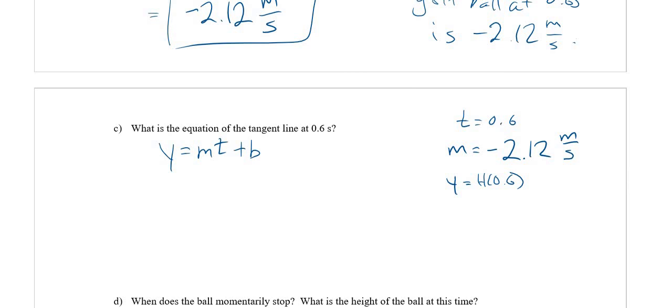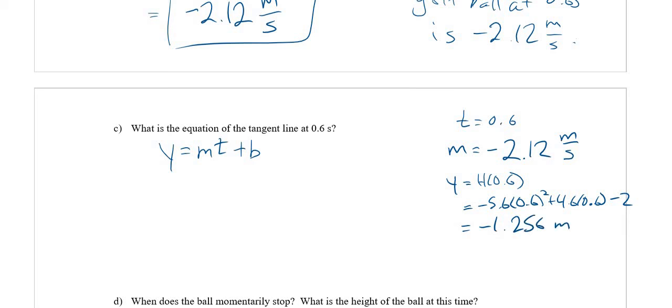So the height is going to be determined by the original function, which is going to be negative 5.6 times 0.6 squared plus 4.6 times 0.6, and then minus 2. And when you punch all that in, you should get negative 1.256 meters.